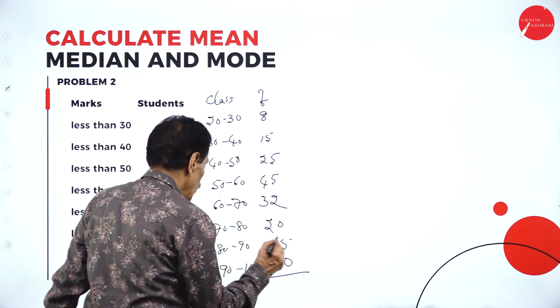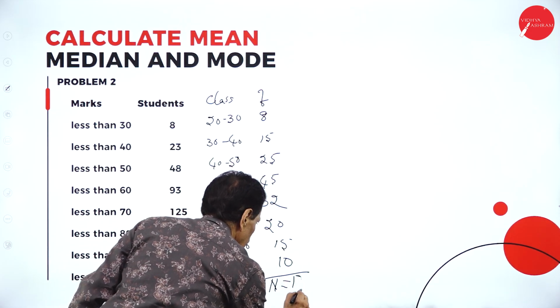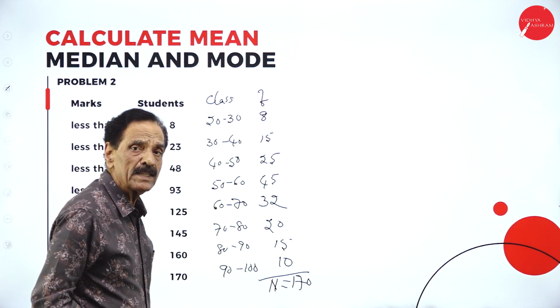So n is equal to 170. This and this should be one and the same.